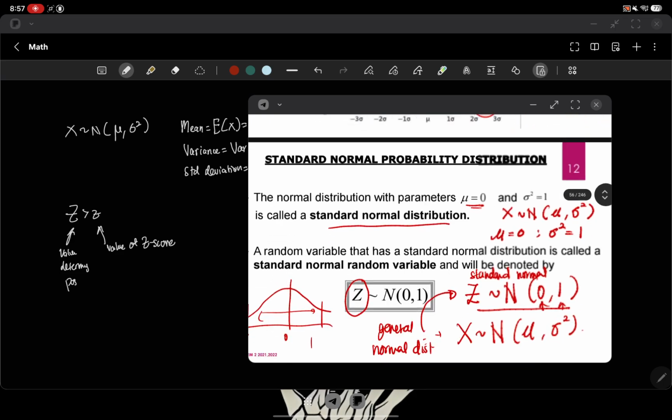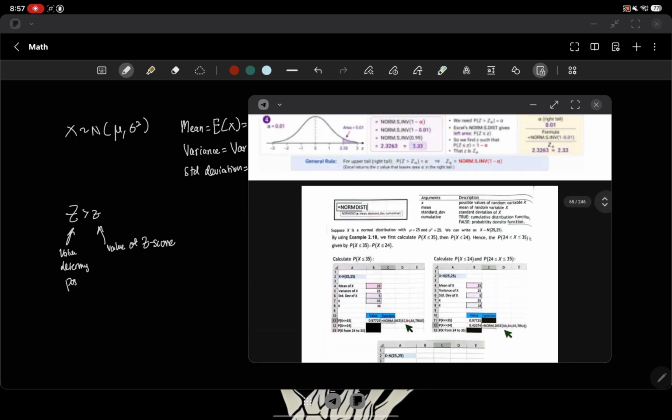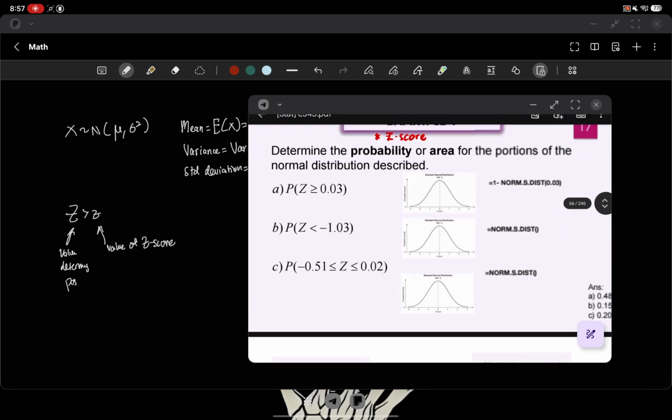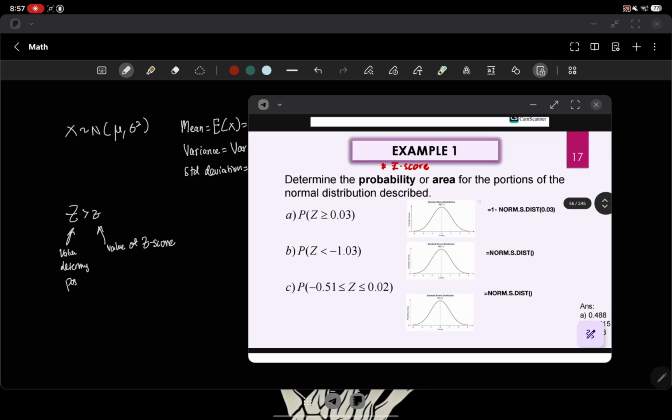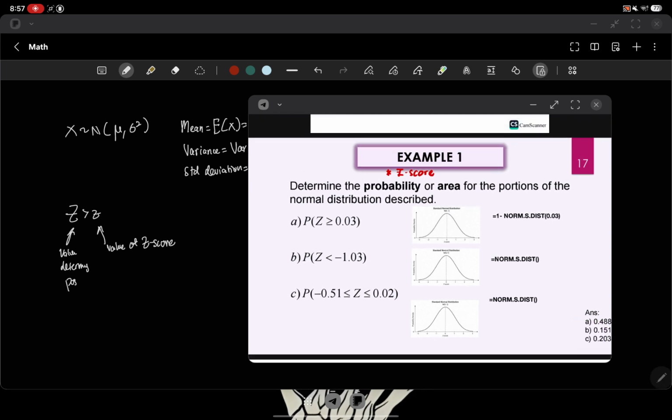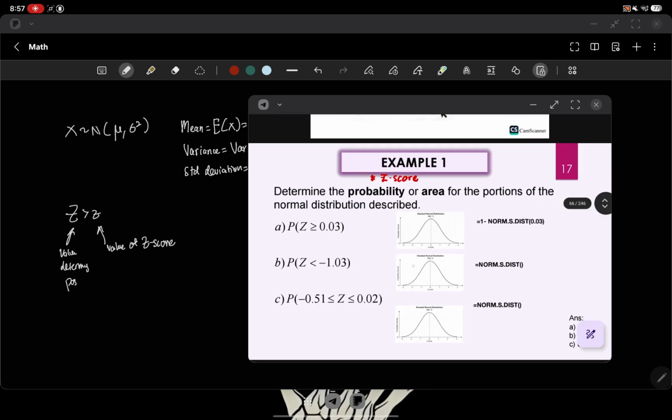Now for the next one, this is how we find the z-score. If it says more than 0.3, it means it's in this direction. If it's less than 1.03, it's in this direction.